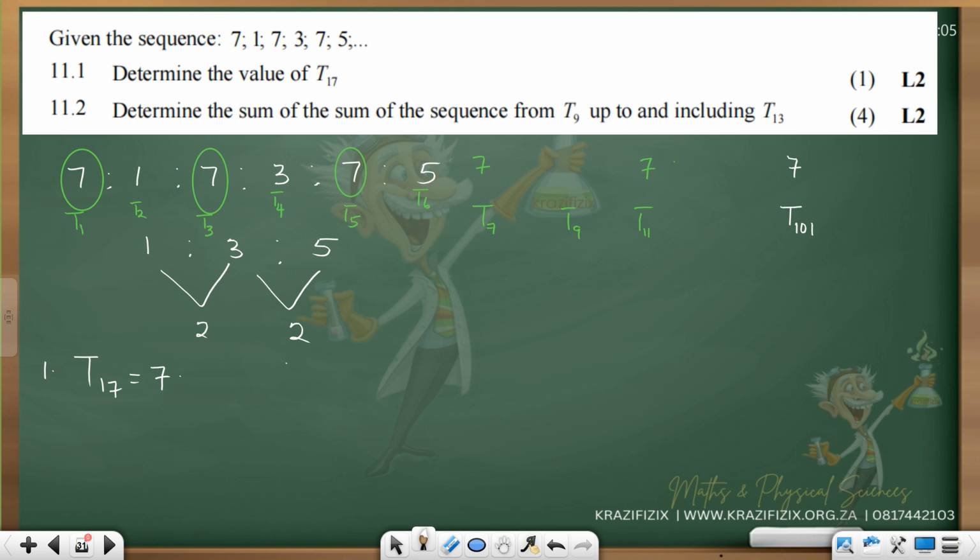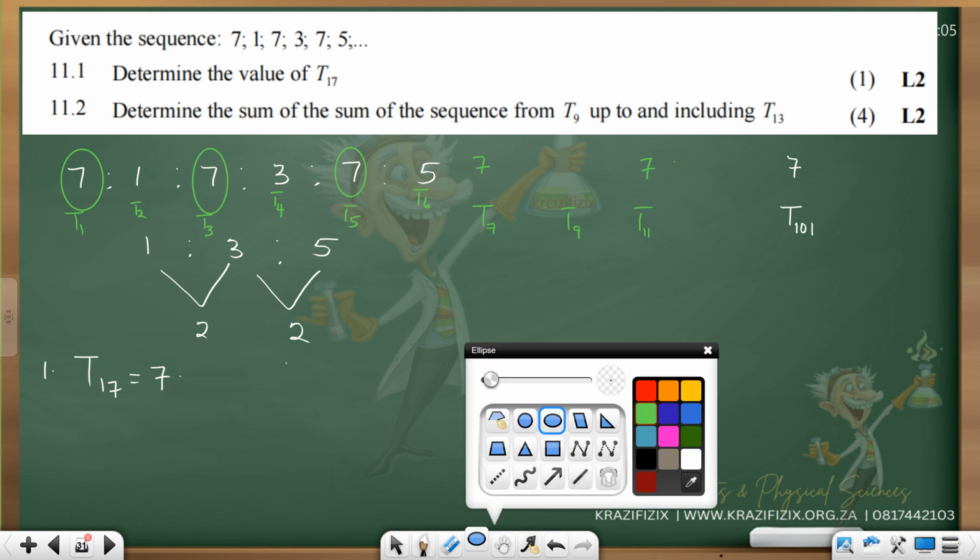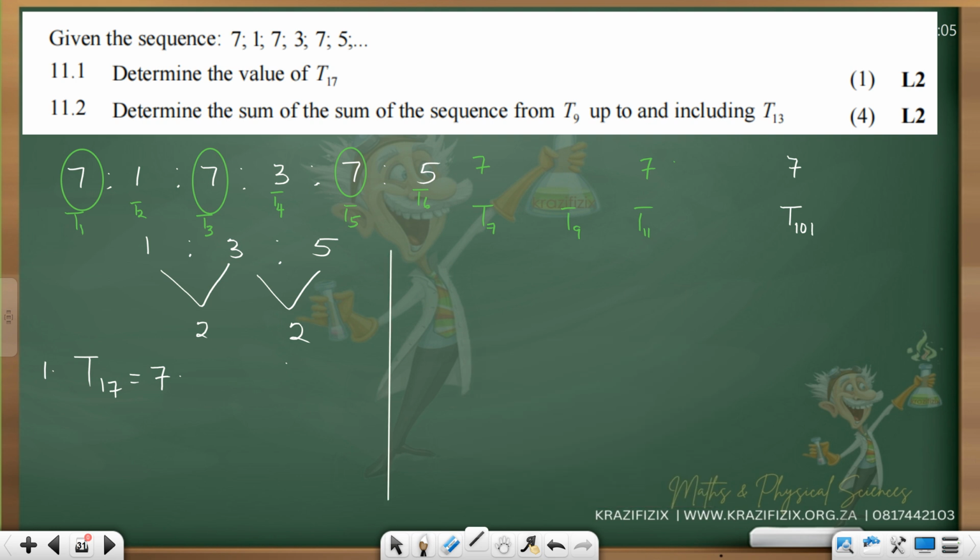All right. Determine the sum of the sequence from T9 up to T13. From T9. Okay, so the examiner is creating a whole new ball game. T9, T10, T11, all right, T12, including T13.